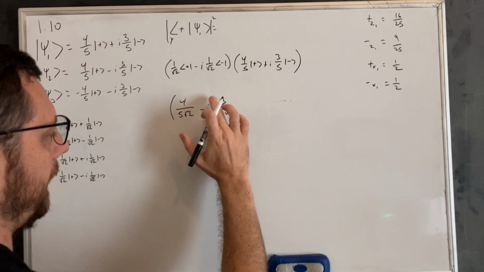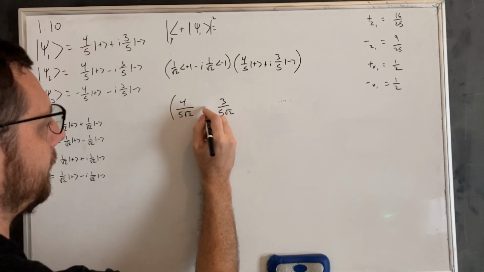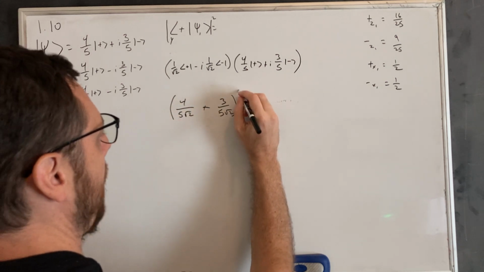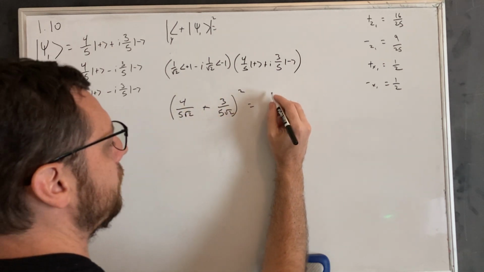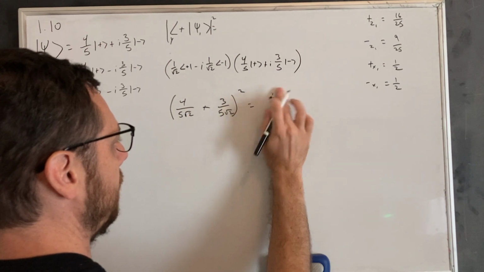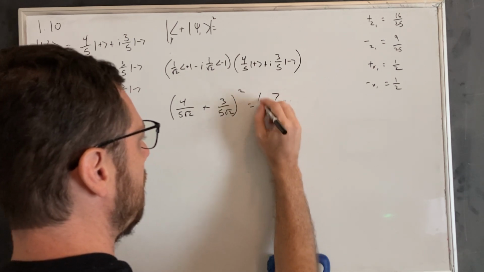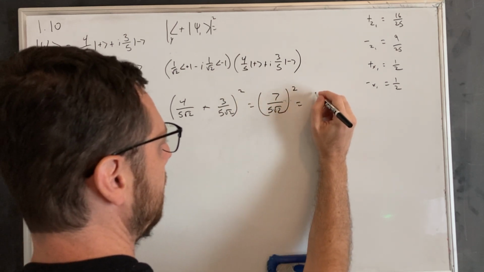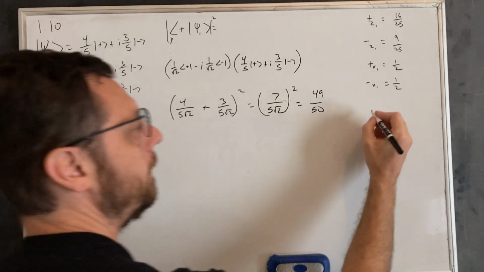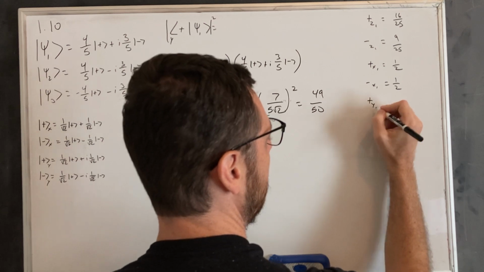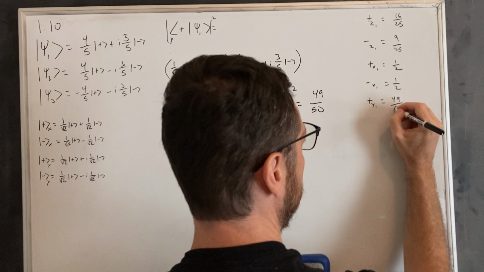And so this is actually going to cancel here. It's going to flip the sign and become plus. And we're going to be squaring this. So we can combine those two fractions and it's 7 over 5 root 2 squared. And that's going to be 49 over 50. So up in the y direction for our first state is going to be 49 over 50.